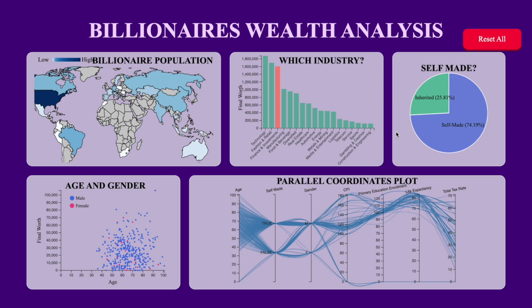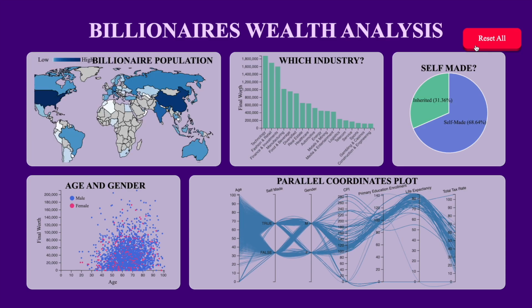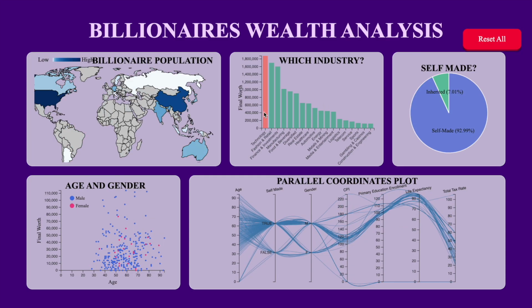We also wanted to highlight a few of the insights we have found interesting through our analysis. In the technology field, we can see that the majority of the billionaires are self-made, almost 93%, and only 7% have inherited wealth.